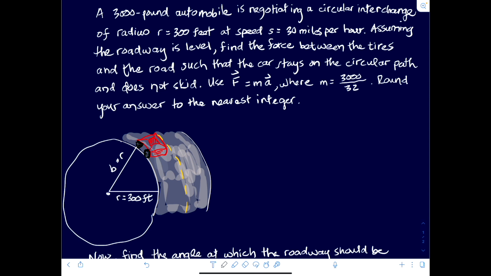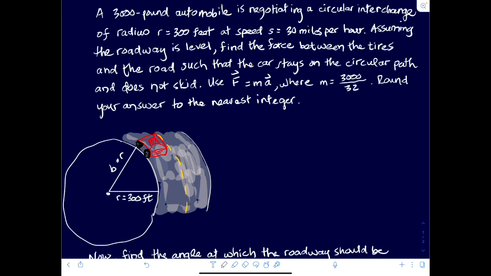Cool? All right, so now we also know the speed of the car. The speed of the car is 30 miles per hour. Assuming that the roadway is level, we want to find this force between the tires and the road so the car stays on that circular path. So what do we know?